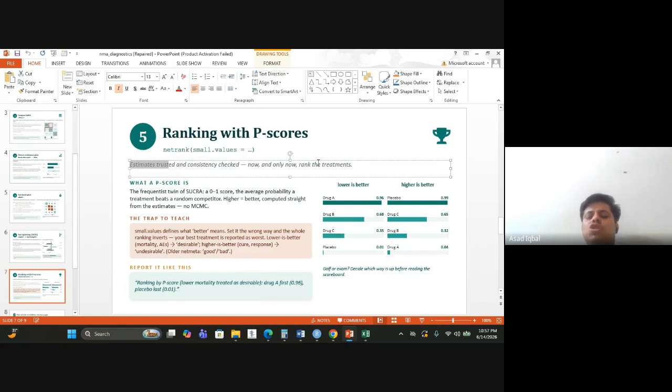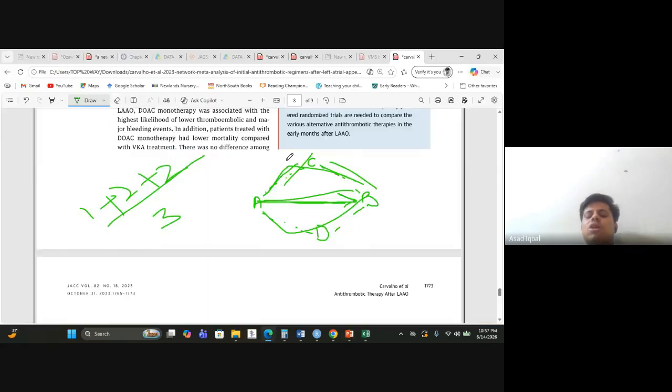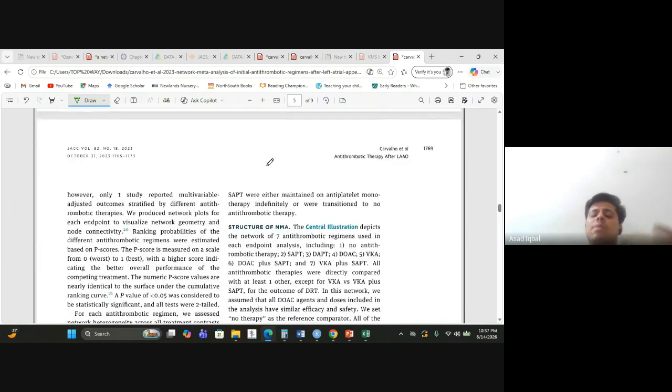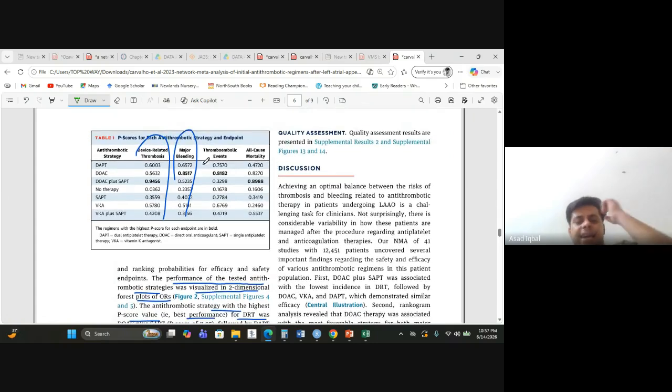And now you need to rank the treatments. I mean, which one is better? Obviously, if you are comparing these multiple options, 1, 2, 3, 4, 5, 6, 7, which one is good among them? Which one is second best? Which one is third? Right. You need to rank it.